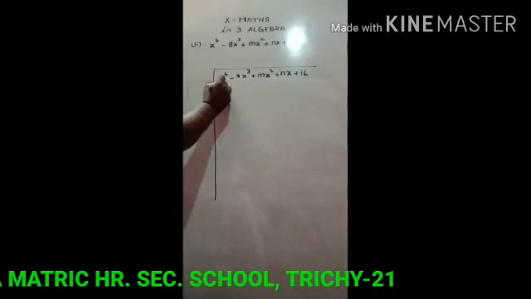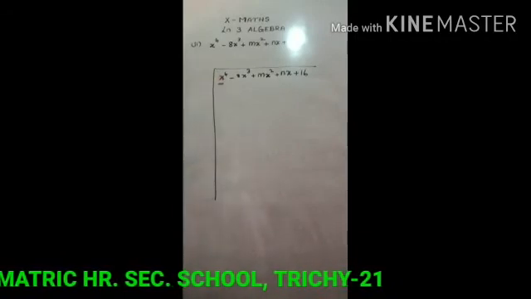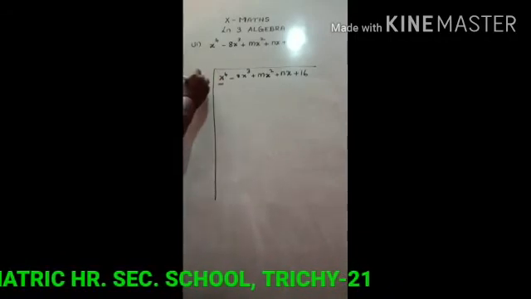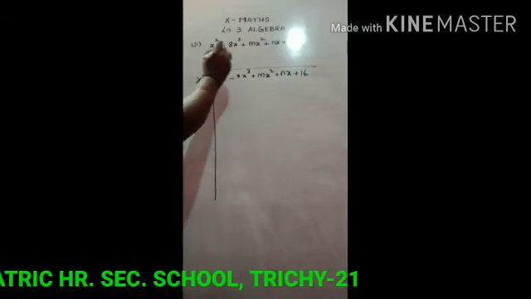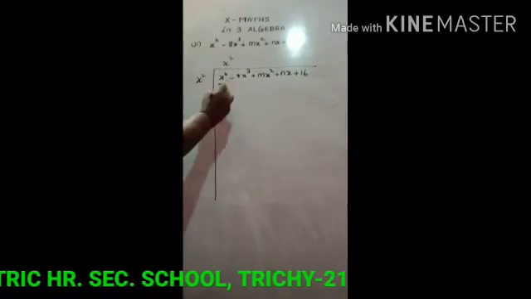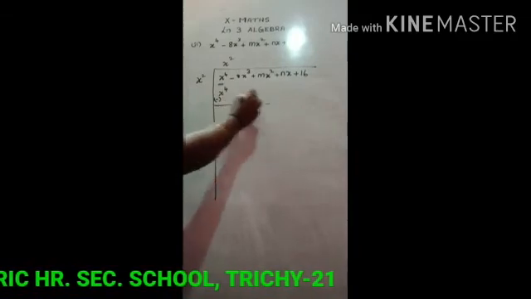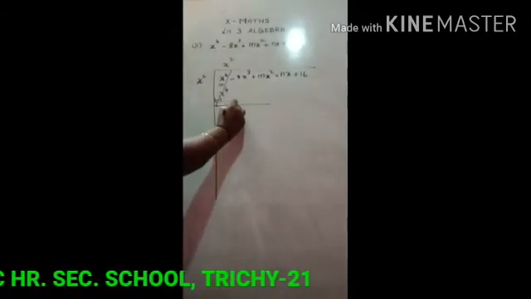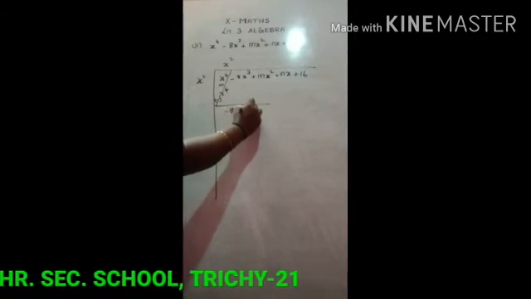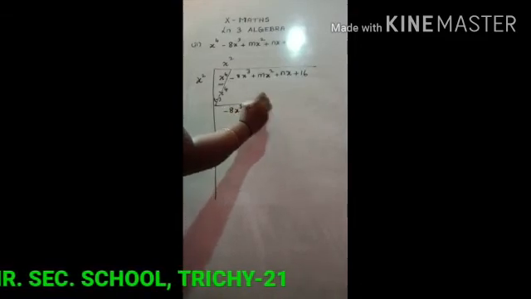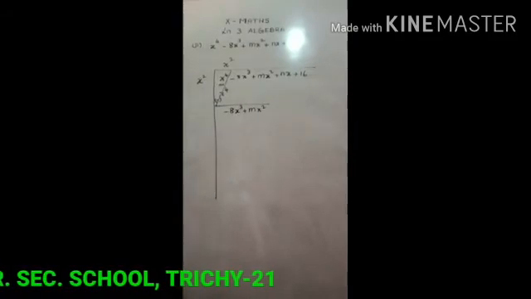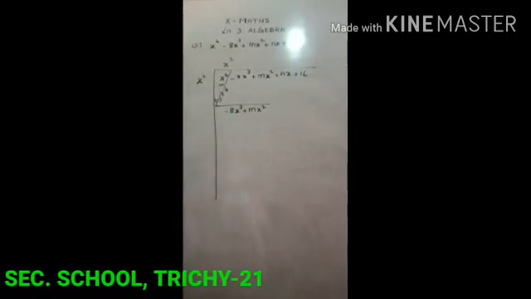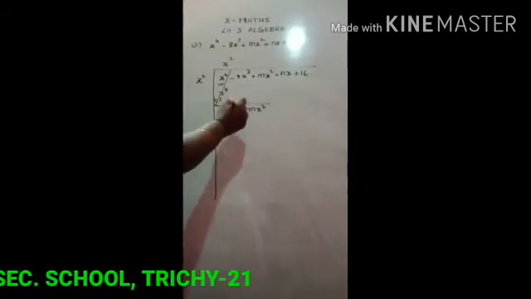We take the first term x power 4, the square root of x power 4 is x square into x square. Then x power 4, change the sign, this cancels. Write the next two terms, minus 8x cube plus mx square.